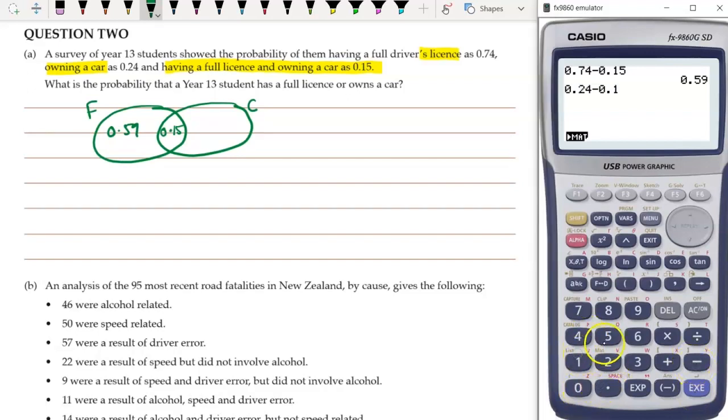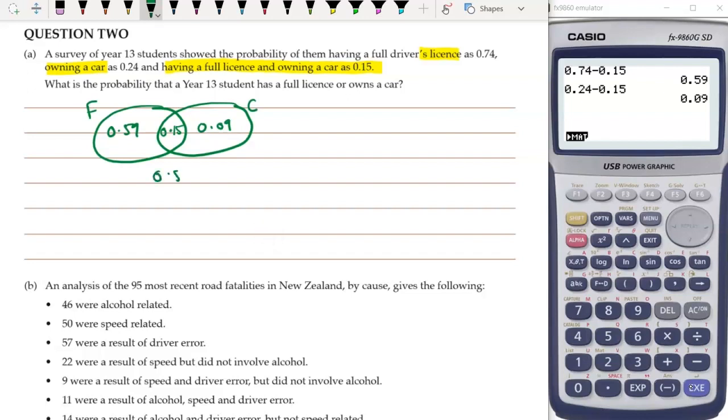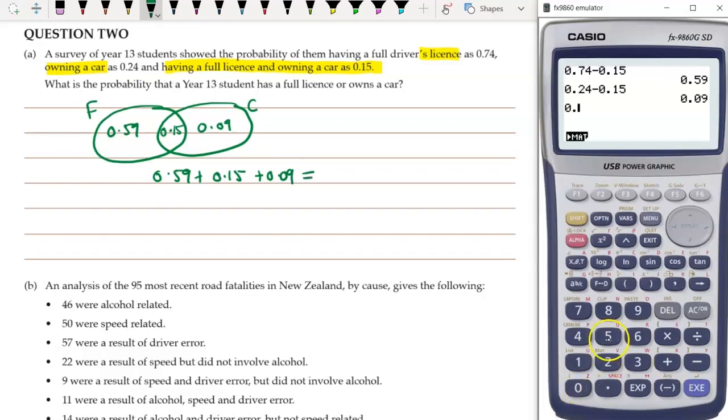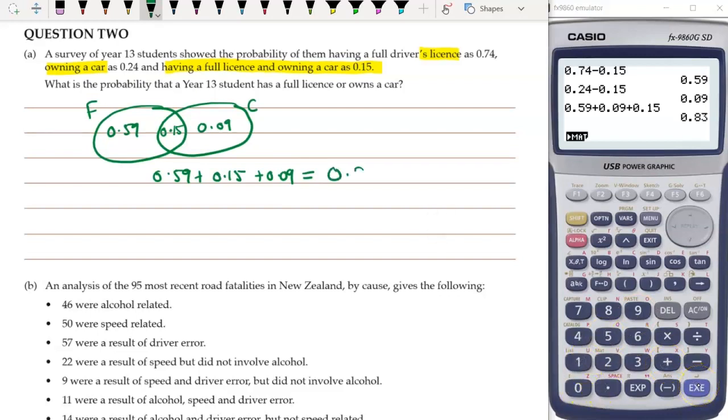So take off the 0.15 that's already counted in the middle, and we have 0.09. So now the probability that a year 13 student has a full license or owns the car is all three of those together. So 0.59 plus 0.15 plus 0.09 is 0.83.